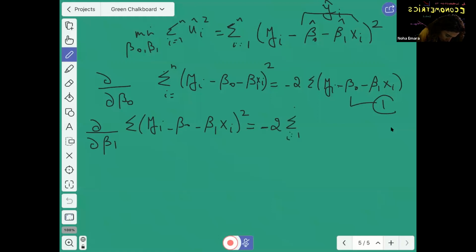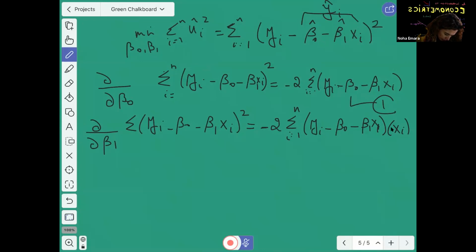Here I have i equals 1 to n, and again the sum of y_i minus beta naught minus beta 1 x_i, times x_i.